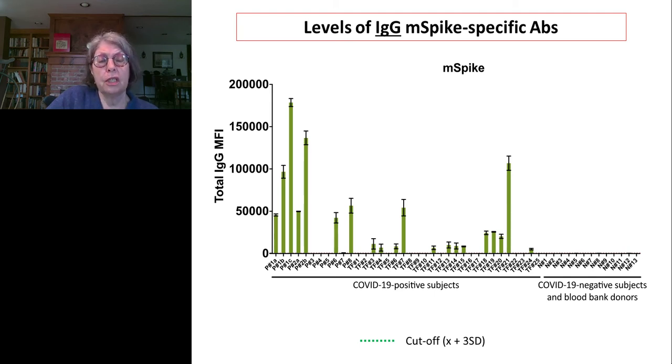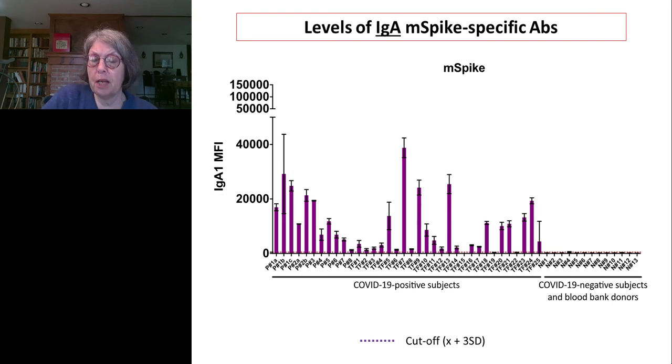In contrast, and these slides that I'm showing you are all the same patients. In contrast, if you look at the IgA from these same individuals, all of them, with the exception of one individual, have IgA antibodies. Again, the baseline is this dotted line. You can just barely see it above the baseline over on the right when you're looking at the normal donors.